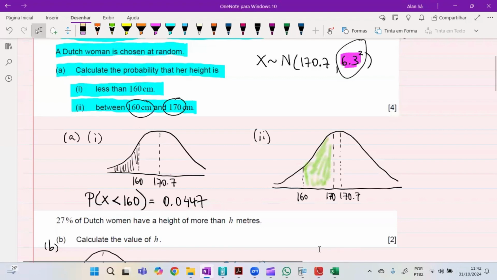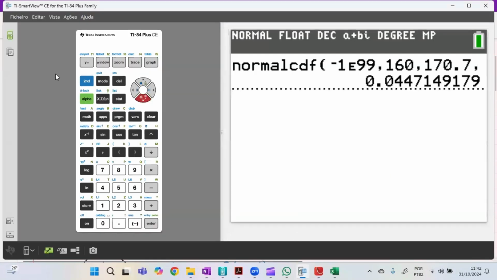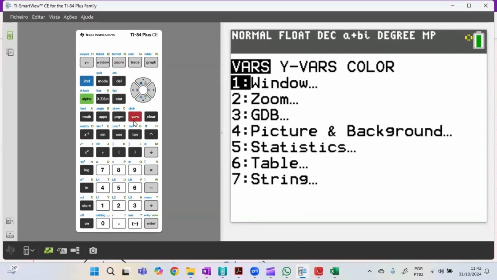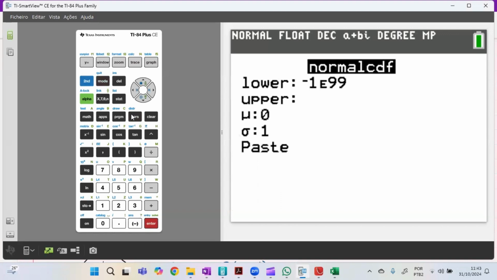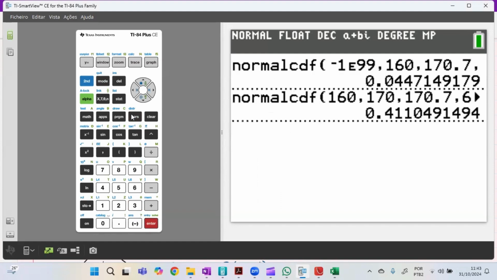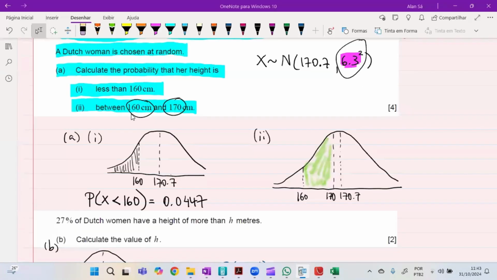So we go to the calculator, to distribution, and then normal cumulative, lower 160, upper 170, mean 170.7, standard deviation 6.3, and then we paste it. 0.411.